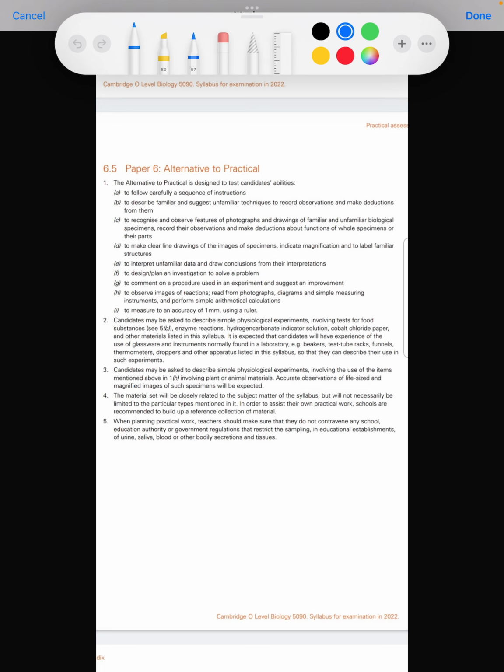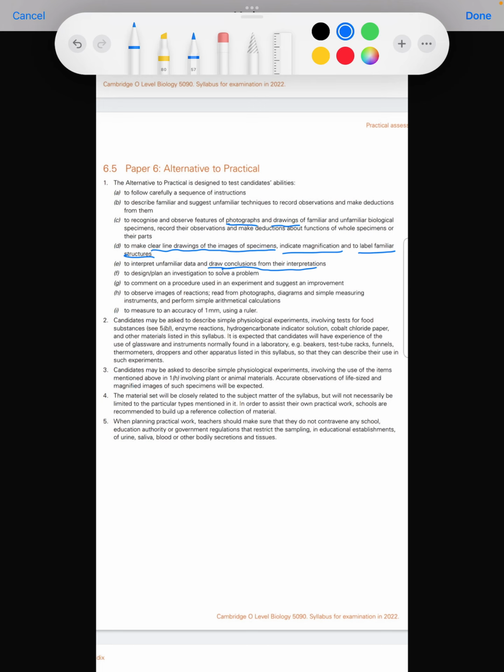Now, to recognize and observe features of photographs, so you also need to be able to identify photographs and also draw them, familiar and unfamiliar biological specimens, to record their observations and make deductions about functions of whole specimens or their parts, to make clear line drawings of the images of specimens, indicate magnification, and label familiar structures, okay? To interpret unfamiliar data and draw conclusions from their interpretation. So you need to be able to draw conclusions, basically.